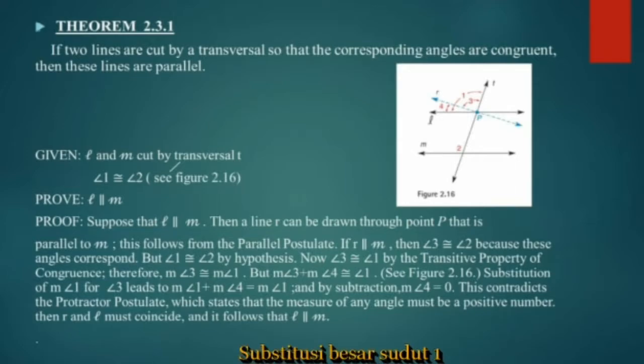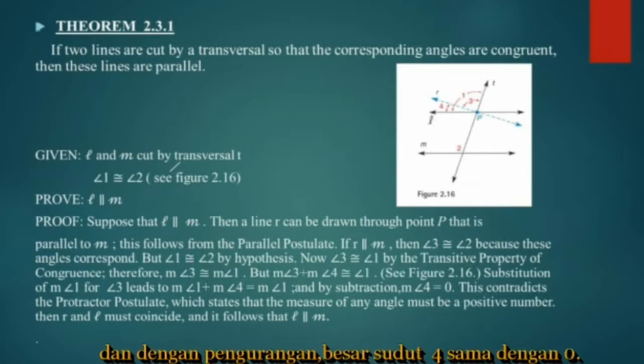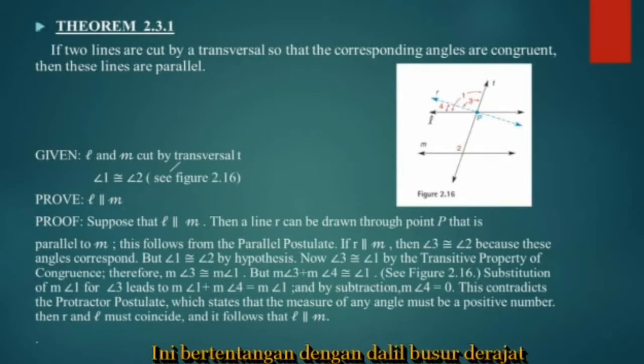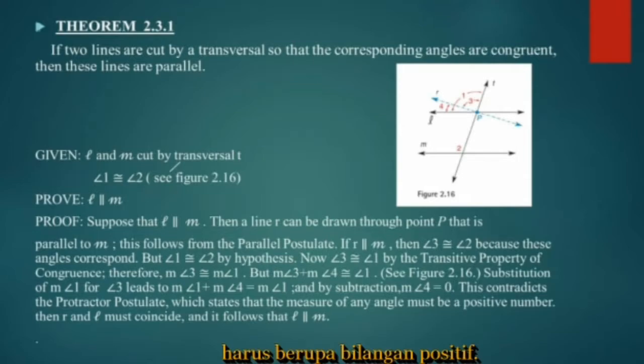Substitution of m angle 1 for m angle 3 leads to m angle 1 plus m angle 4 equals m angle 1, and by subtraction m angle 4 equals 0. This contradicts the protractor postulate, which states that the measure of any angle must be a positive number. Then R and L must coincide, and it follows that L is parallel to M.